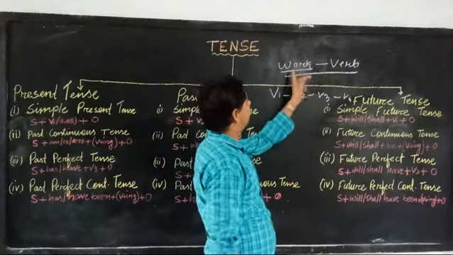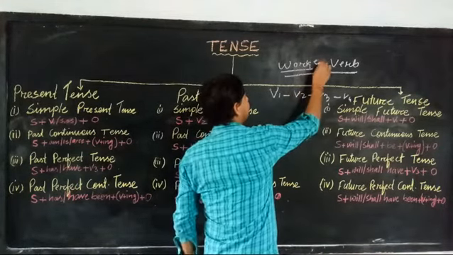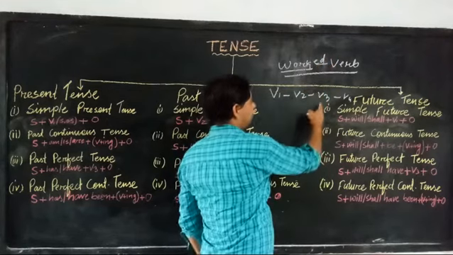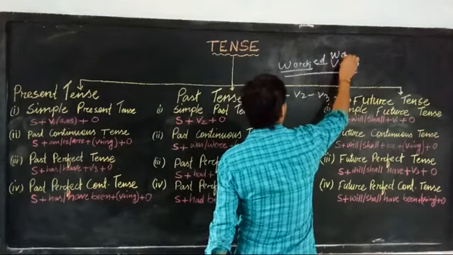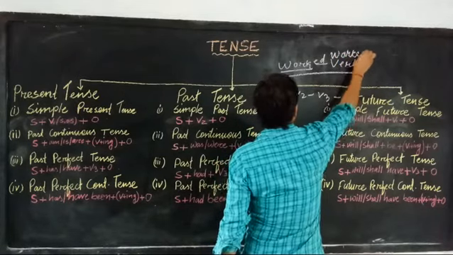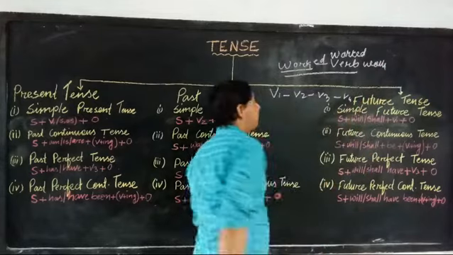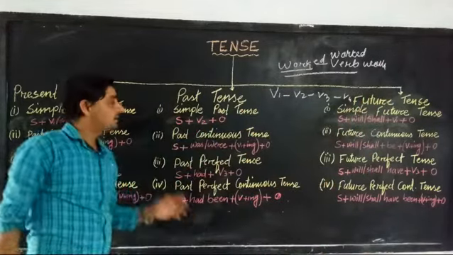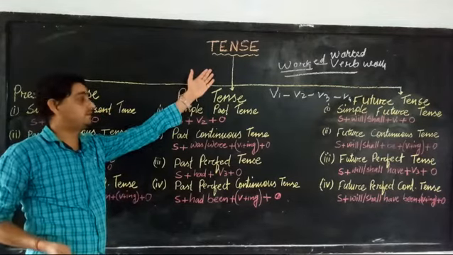V1 we can say work, V2 when we put ed, worked, V3 again worked, and with ing, working. This is the form of a verb, and we use these forms of a verb in tense.